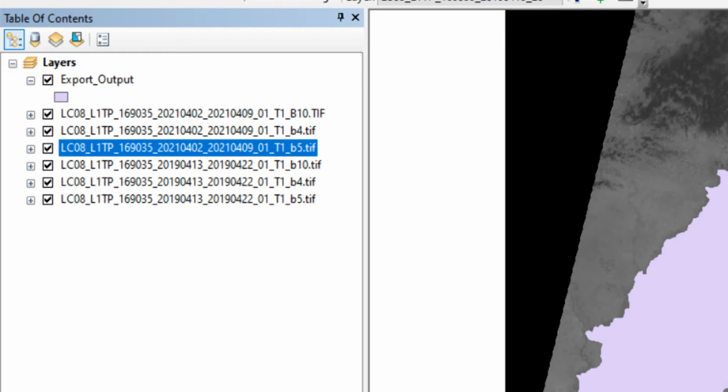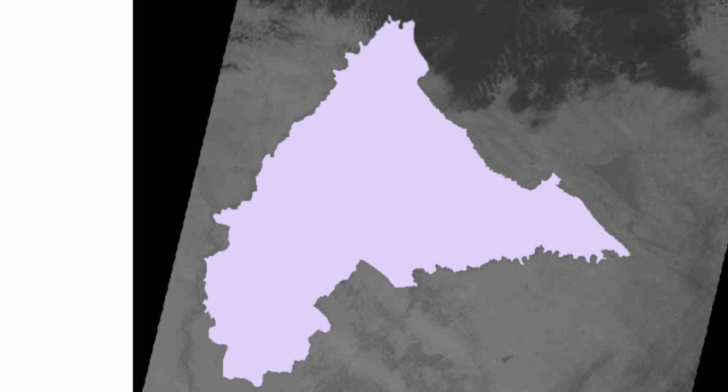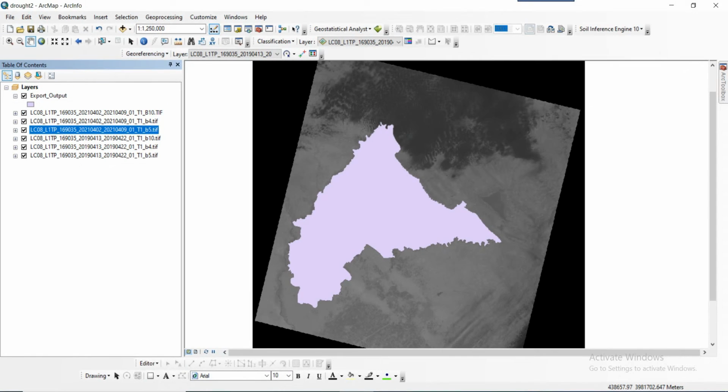We chose these two years, 2021 and 2019, just for tutorial purposes, and we use this part of Erbil governorate just for tutorial purposes.